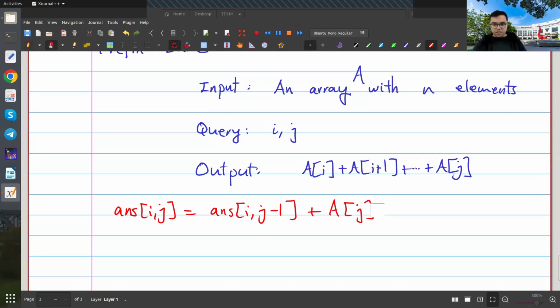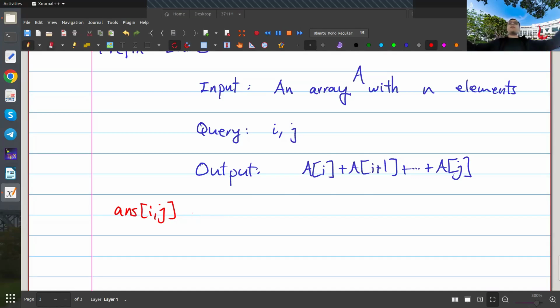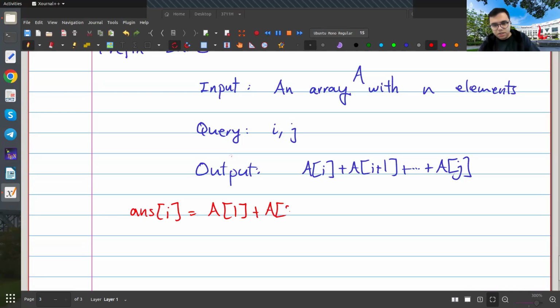Well, yes. Instead of finding the sum for every substring of your array, just find the sum for every prefix, right? So just do this. Say that ans(i) is just A_1 plus A_2, and so on to A_i.